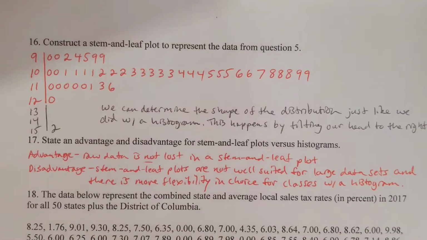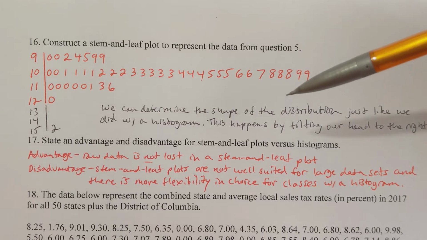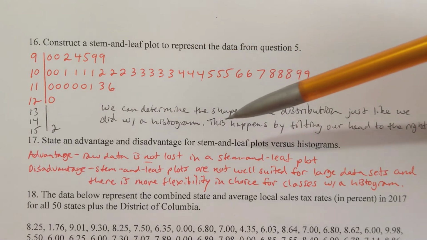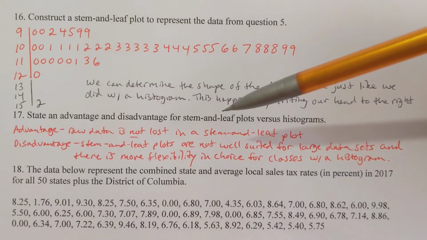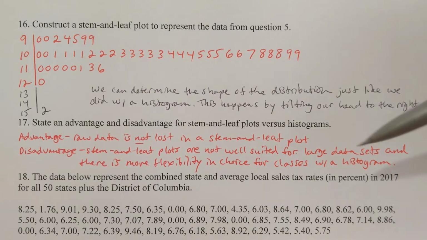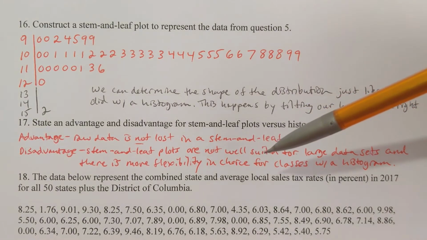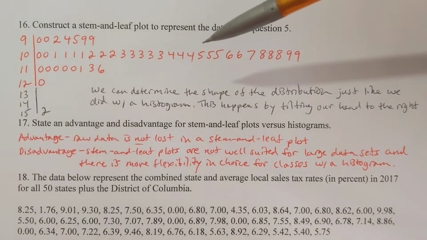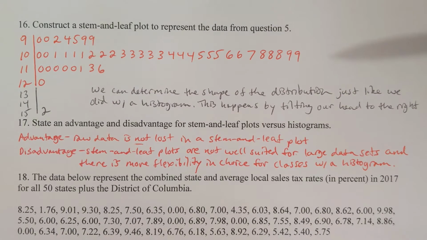A disadvantage of a stem and leaf plot versus a histogram, I said, is that stem and leaf plots are not well suited for large data sets, and there's more flexibility in the choice of classes with a histogram. With a stem and leaf plot, the rightmost digit is the leaf, and all the numbers to the left are stems.